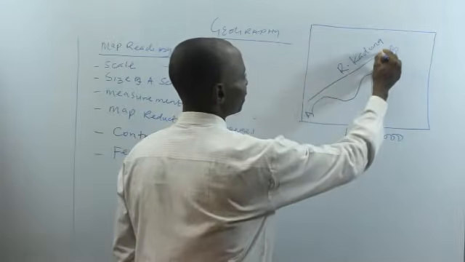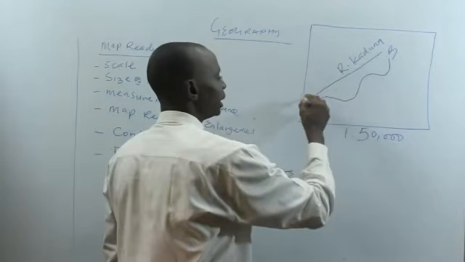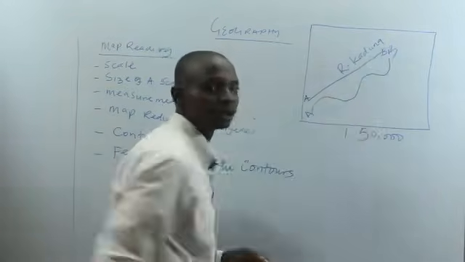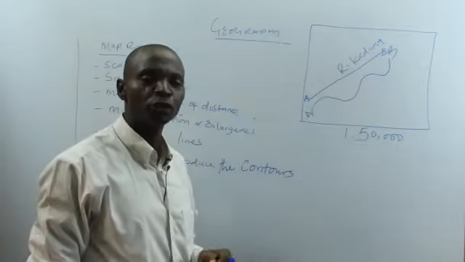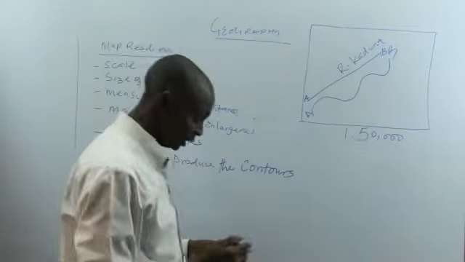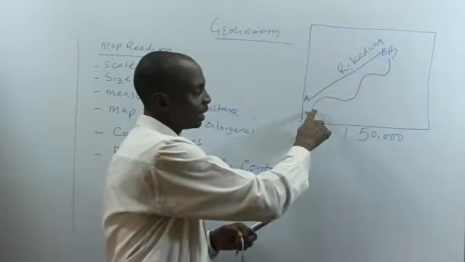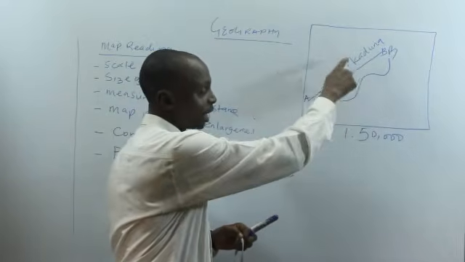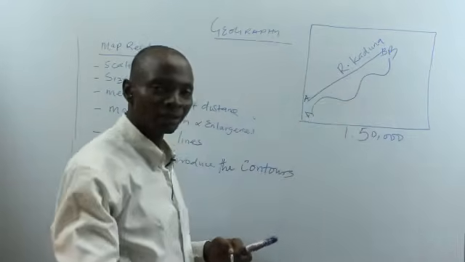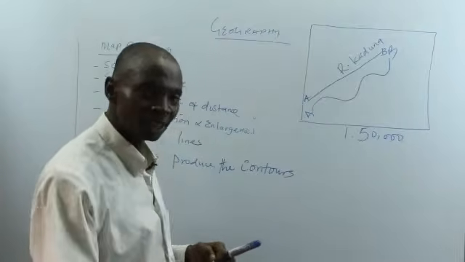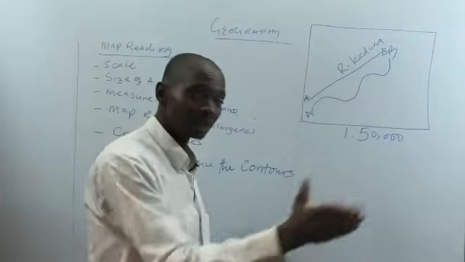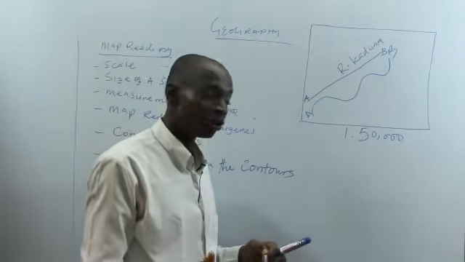If it is a straight line like this, point A, point B, there will be no need of using thread. But in this case, we are looking at this distance. This is River Kaduna. You don't expect a river to move in a straight direction. It has to meander. That is one of the characteristics of a river.